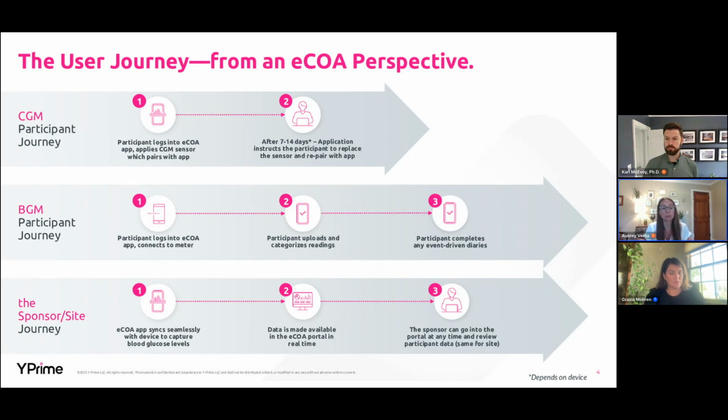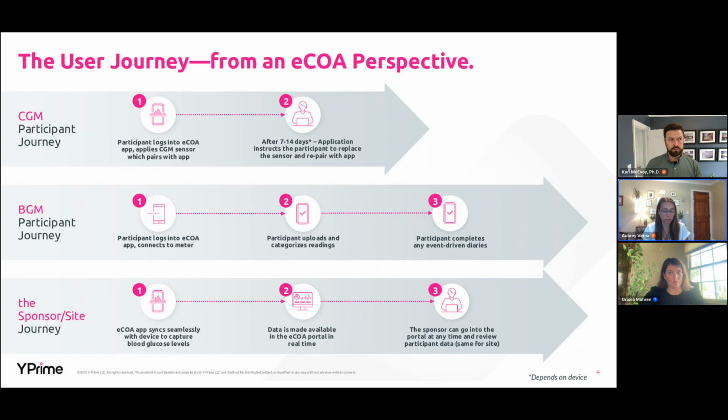And then as far as the site and sponsor are concerned, their journey really doesn't shift much depending on CGM or BGM. At the end of the day, regardless of the approach, they're looking to log in to their web application from their provider, review the data being uploaded, whether it's via BGM or CGM, and then make decisions, both clinical and otherwise, based off of that data.